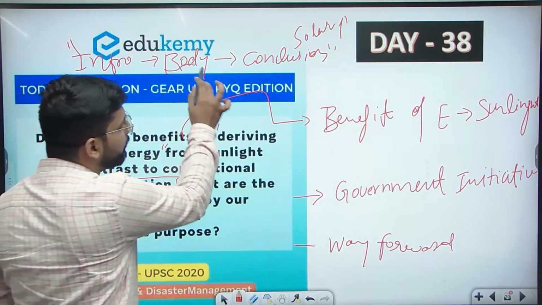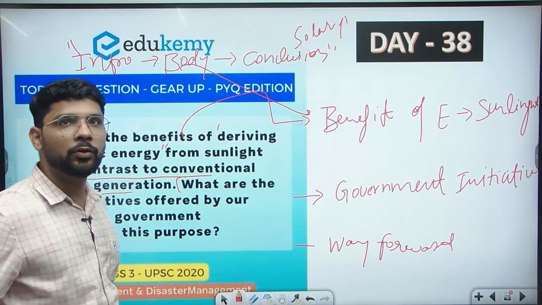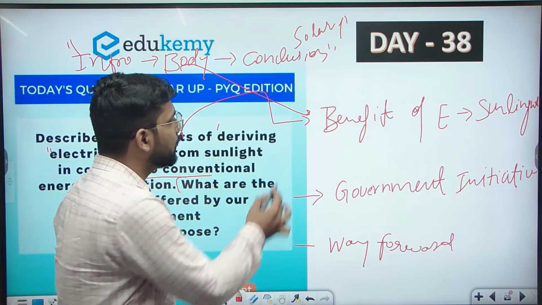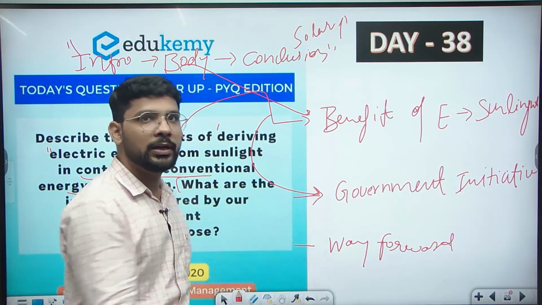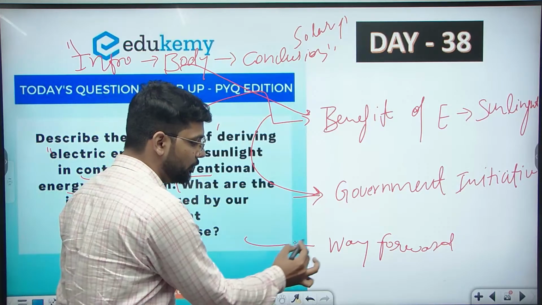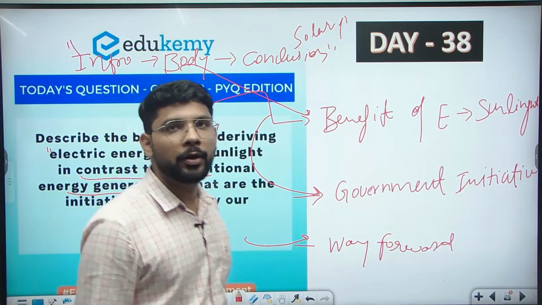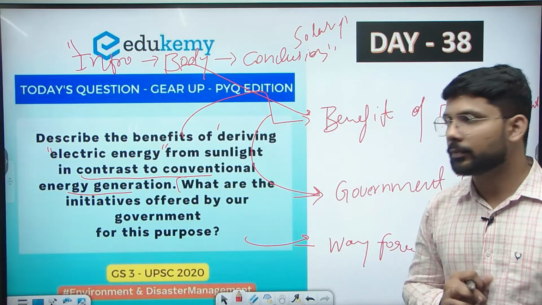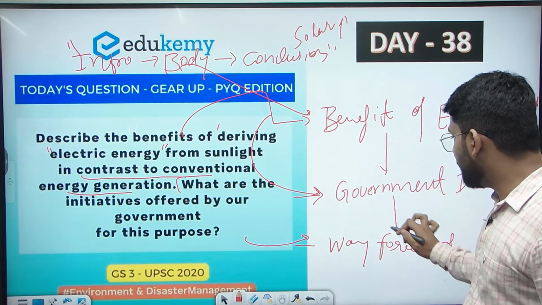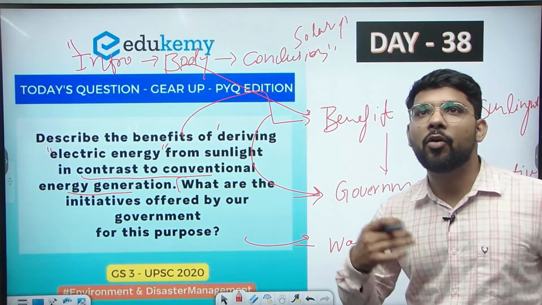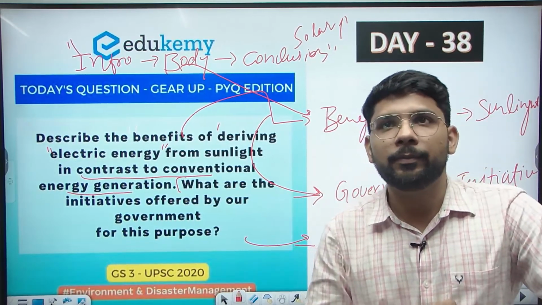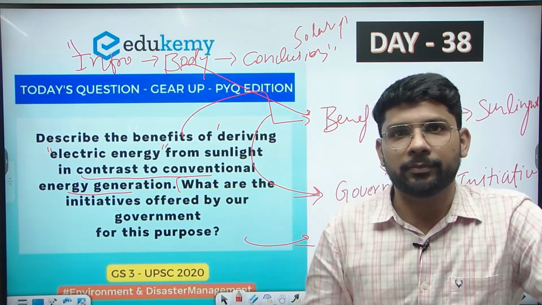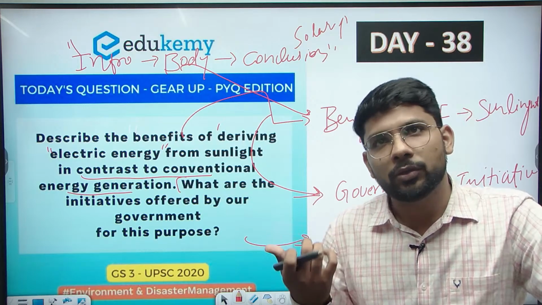In the body part we will write the benefits of deriving electric energy from sunlight, second the government initiatives, and then we will write the way forward. These three parts we derive from the question, and we will explain one by one what types of benefits there are, the government initiatives, and what we can suggest related to solar energy.